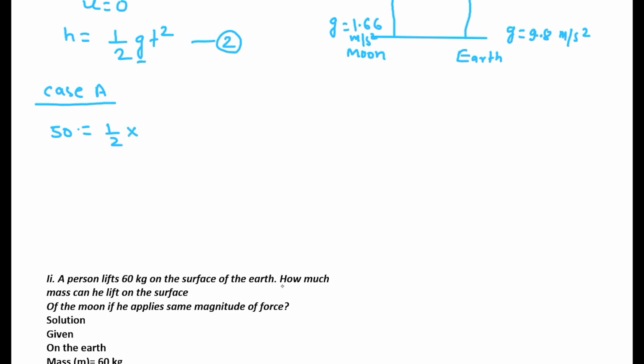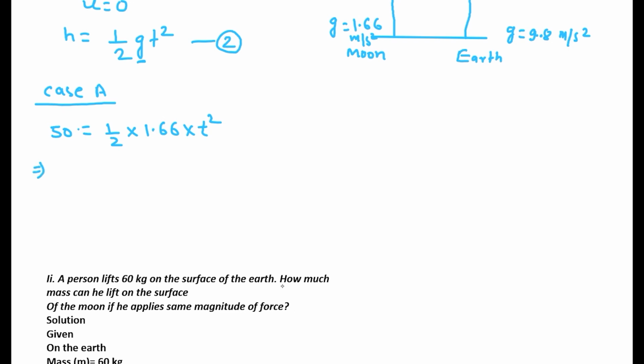We have to find the time t, and we have the value of g, which is 1.66.